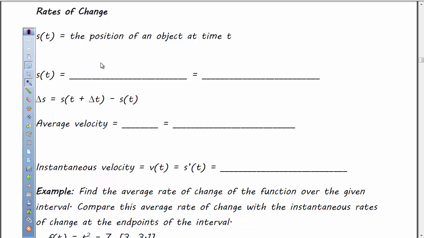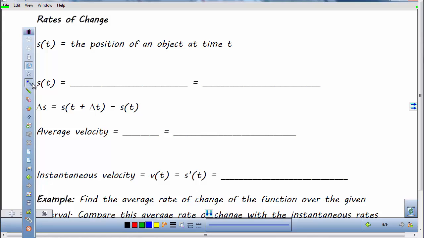All right, so right here is where you'd put the general form for S of t, which is going to be 16t squared plus v naught t plus s naught. Okay, and I'm not sure what I put that other blank there for.